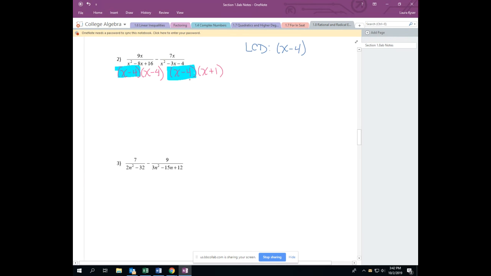Now, once you remove the common factors, you want to look and see what's left, because anything that's left over that is not a common factor has to also be taken. So in this case, I have another x minus 4, so I've got to take that. And I also have an x plus 1, so I take that.